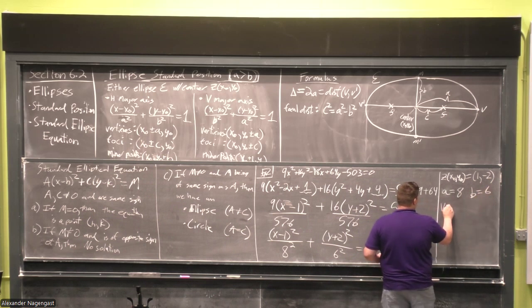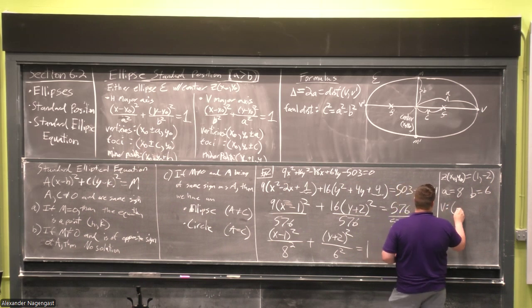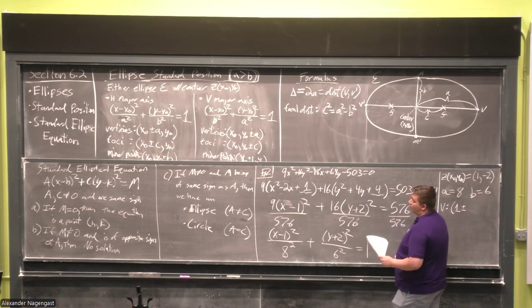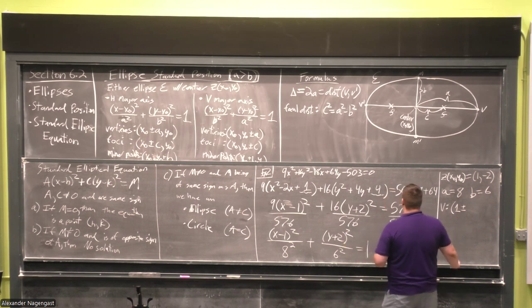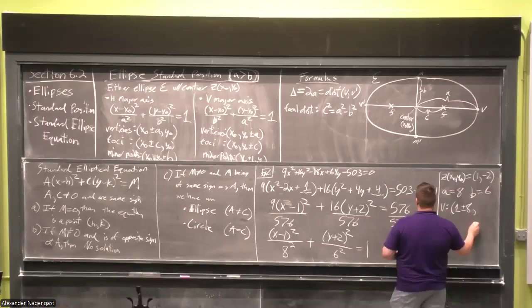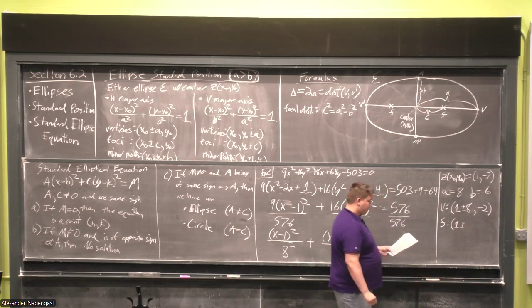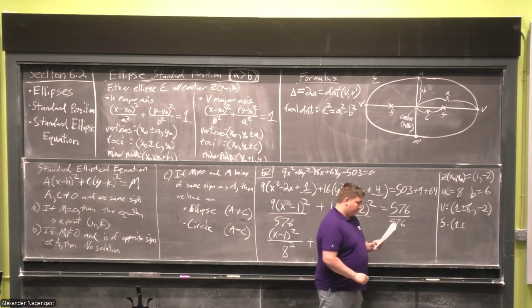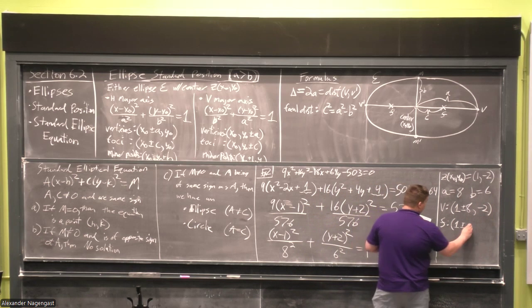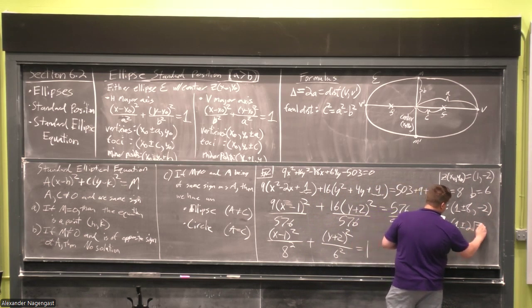And now for our vertices, we're going to have our x1 plus or minus our horizontal, which is a, and then our y, which is just negative 2. Our foci are at 1 plus or minus our c, which we can calculate to be 2 square root 7, negative 2.